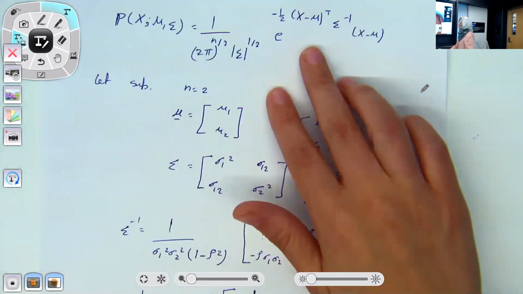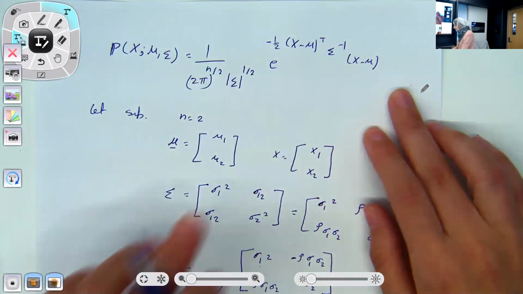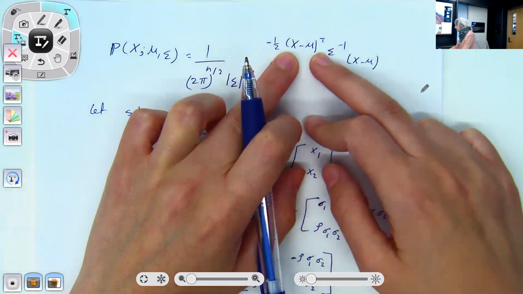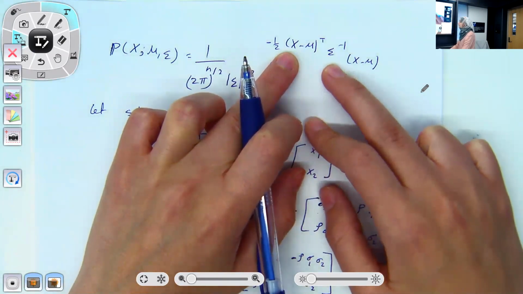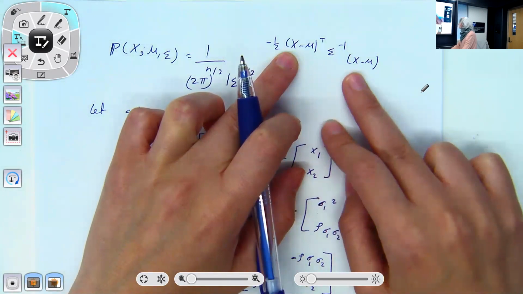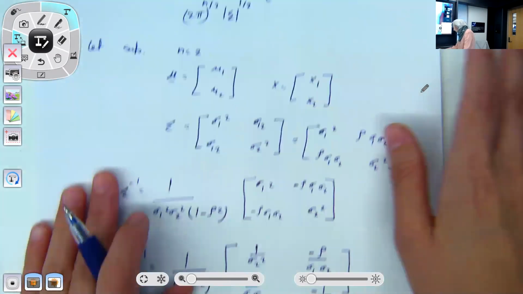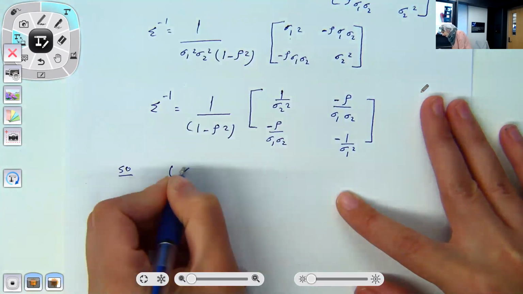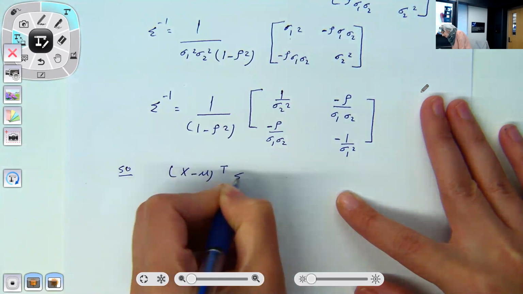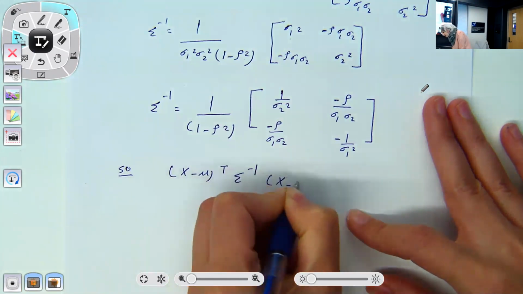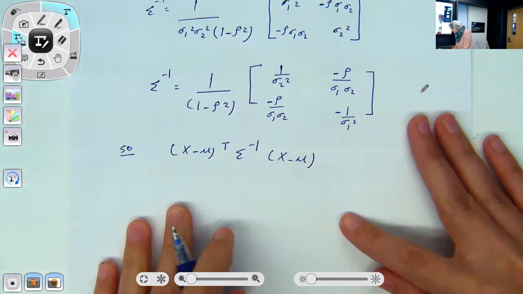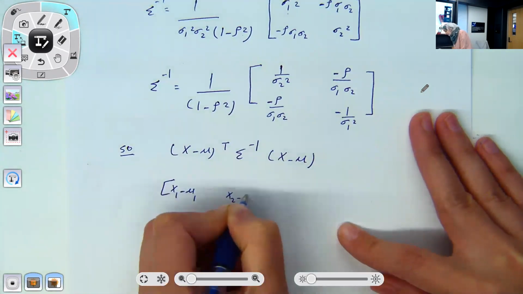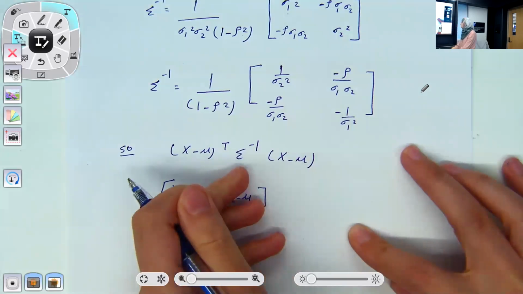Now we need to find this value. We need to substitute instead of (x minus mu) transpose times sigma inverse times (x minus mu), the sigma inverse we found. This is equal to the row vector x1 minus mu1, x2 minus mu2, multiplied with sigma inverse.